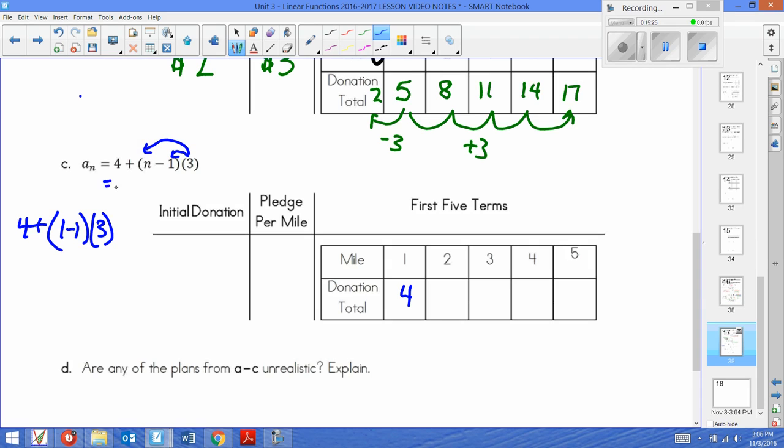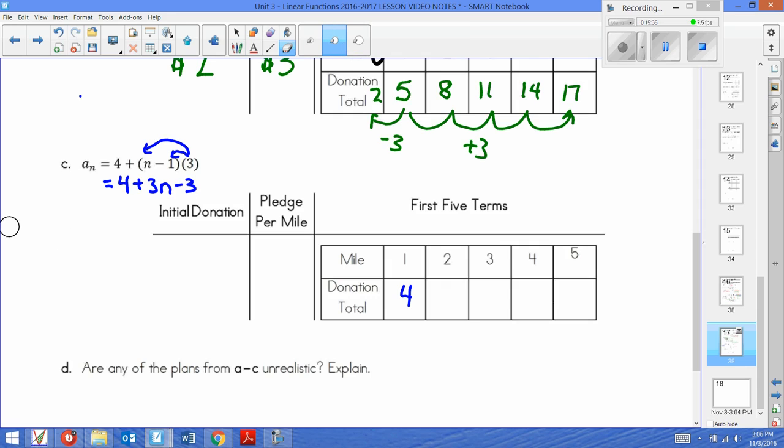So what does this equal? 4 plus 3n minus 3. I can group together, okay, I'm liking this, I can group together the 4 and the minus 3. So that's my a sub n. So a sub n is actually equal to 4 minus 3 is 1 plus 3n, or 3n plus 1, however you want to look at it.